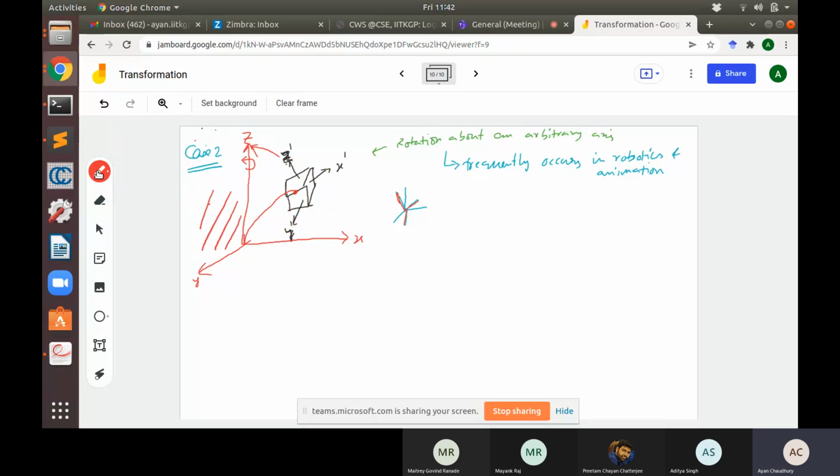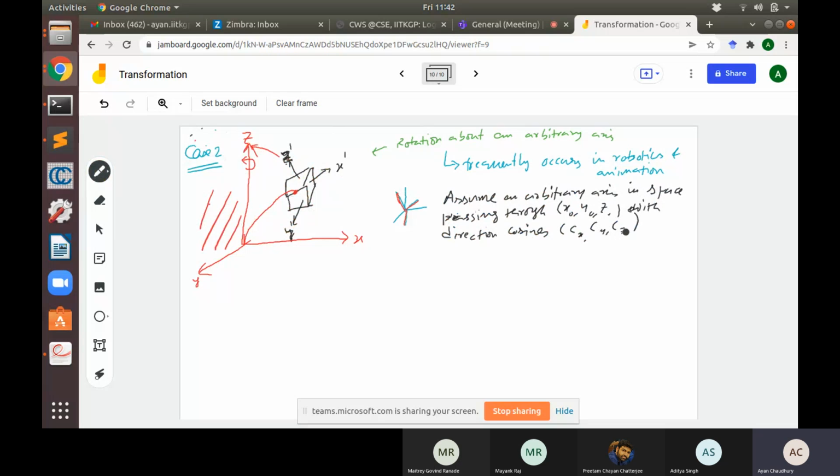Okay, let's assume an arbitrary axis in space passing through x0, y0, z0 with direction cosines cx, cy, cz.